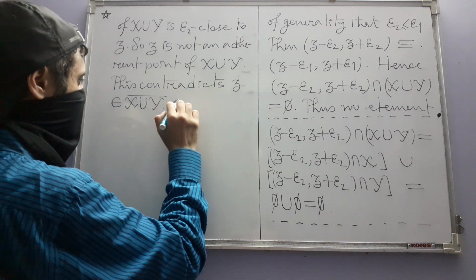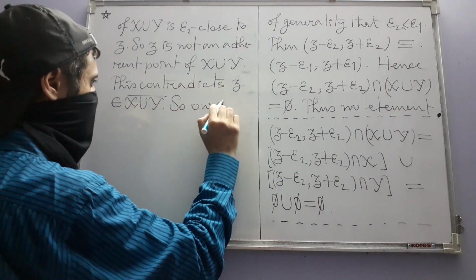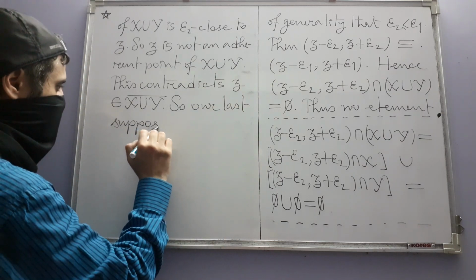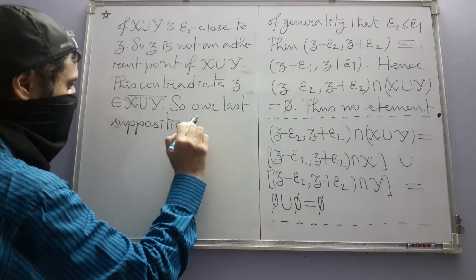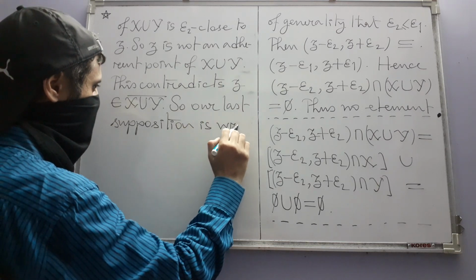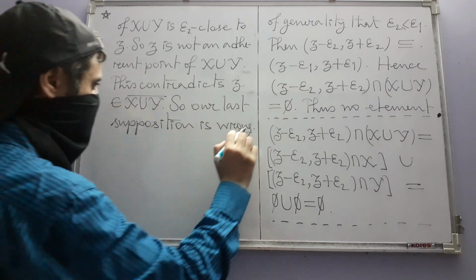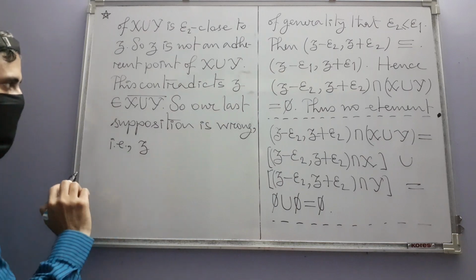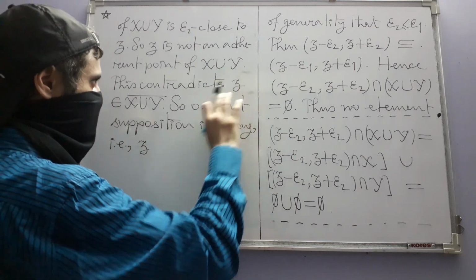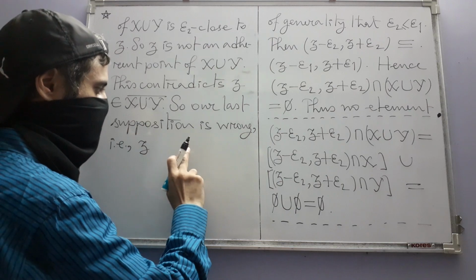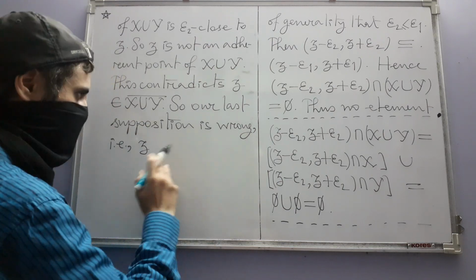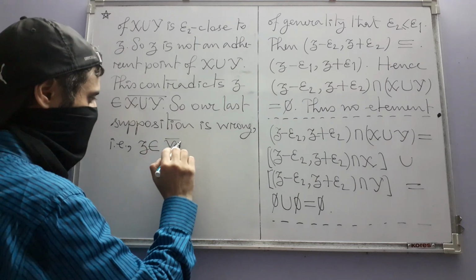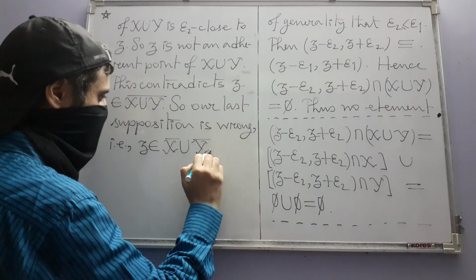It is wrong, i.e., so what was the supposition? Namely, we supposed that Z is not in the union of X closure and Y closure. So that cannot be the case. So it has to belong to the union of X closure and Y closure.